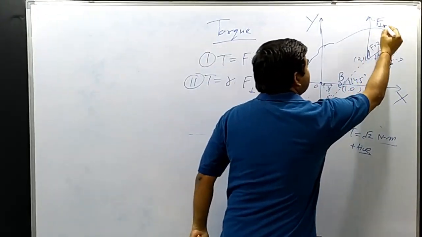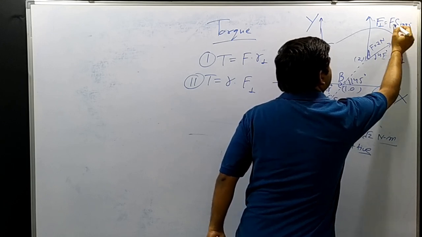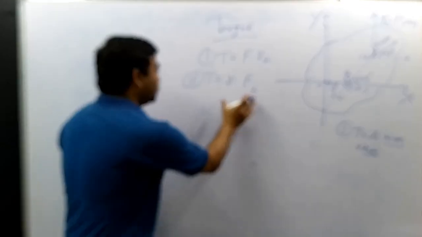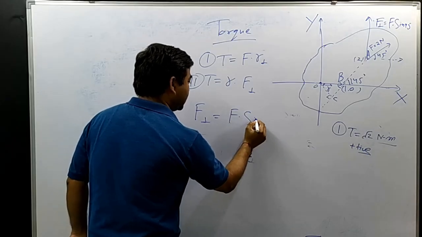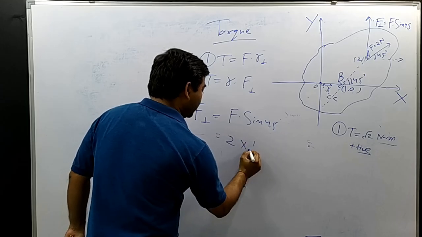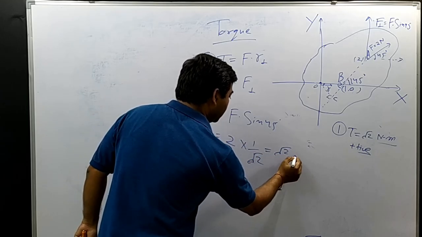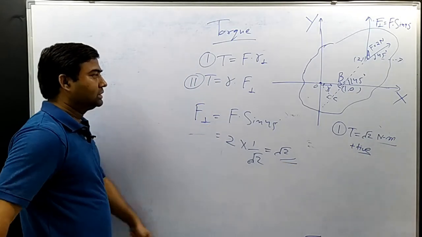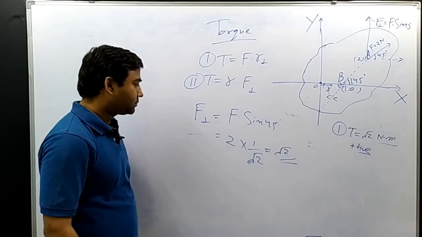So this component is F sine 45. So the F perpendicular component is F sine 45 degrees. F is 2 into sine 45, which is 1 by root 2, that is under root 2. So this is the perpendicular component of force on position vector R.